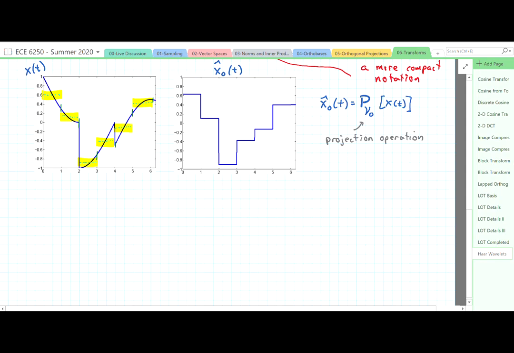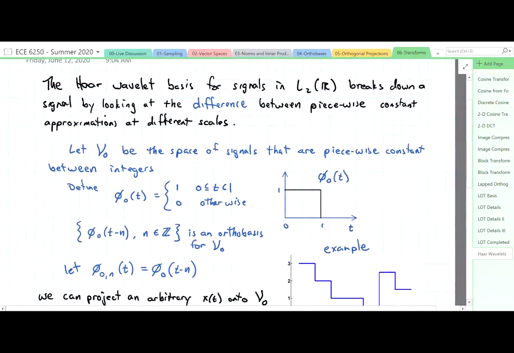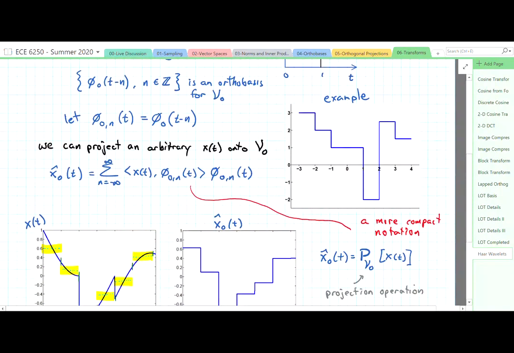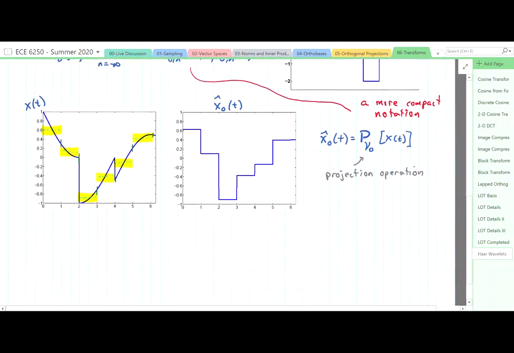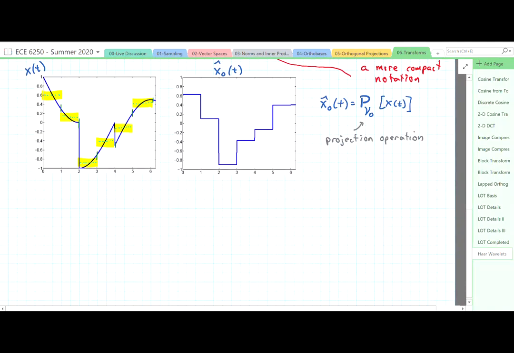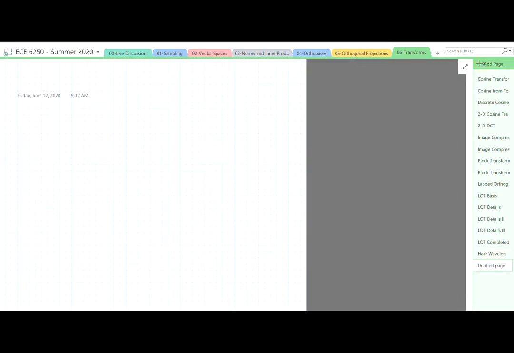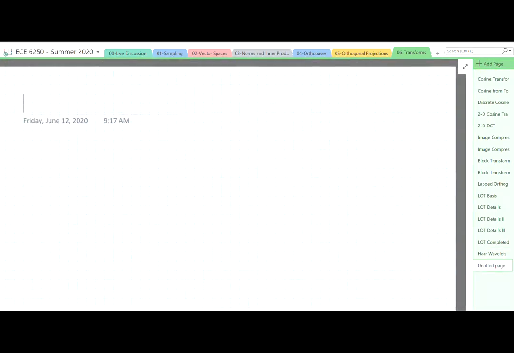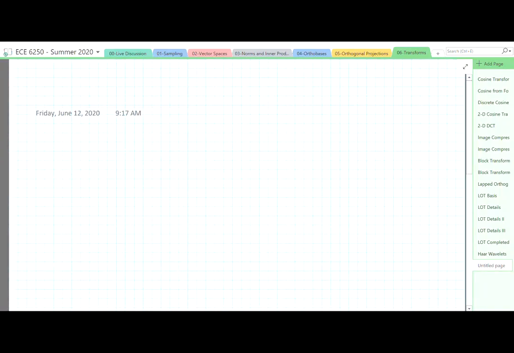Okay. Well, we talked about wavelets breaking down a signal by looking at the difference between piecewise constant approximations at different scales. So all we've looked at so far is a single scale and a single piecewise approximation at that scale, and we call it x hat 0 of t, its projection onto V0. So now we're going to define the next levels, I guess.